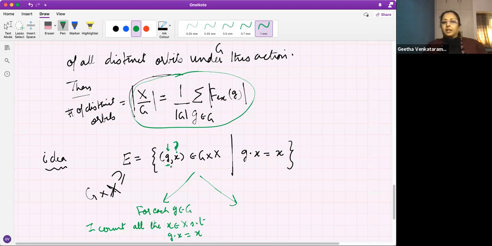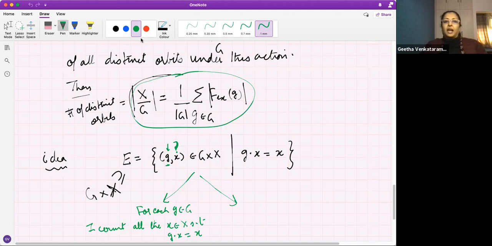And if I sum this over all the possible g's in G, I'll get the order of E. I'm not saying that for each g there will be an x, so it could be 0 in that sense.